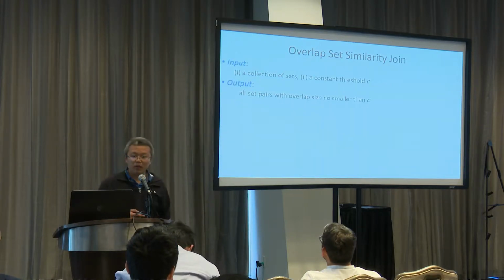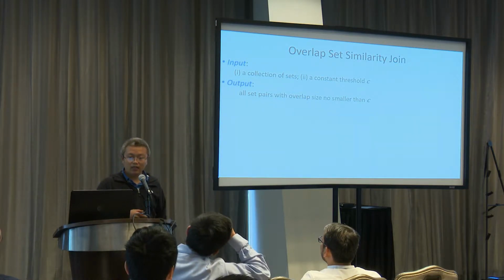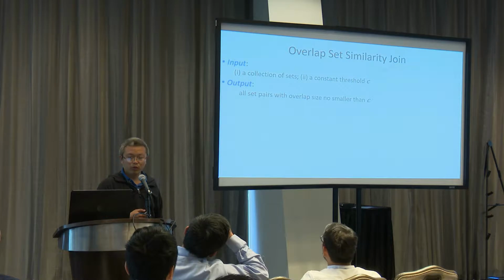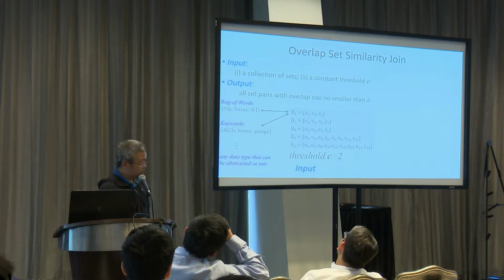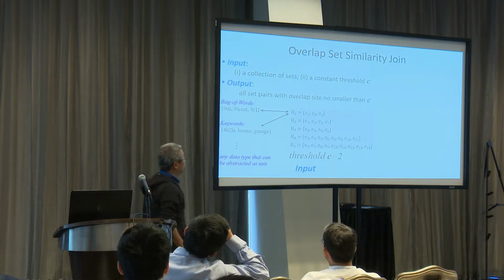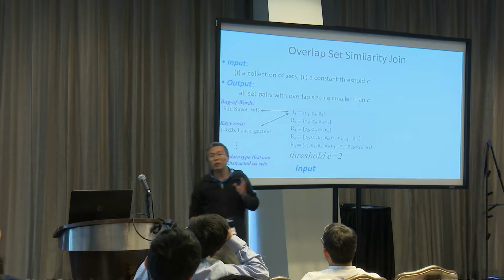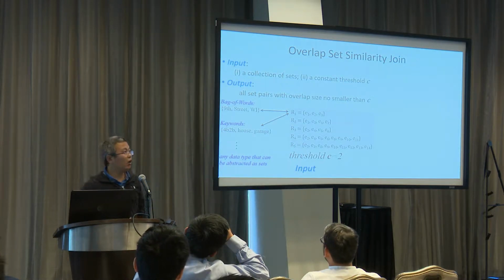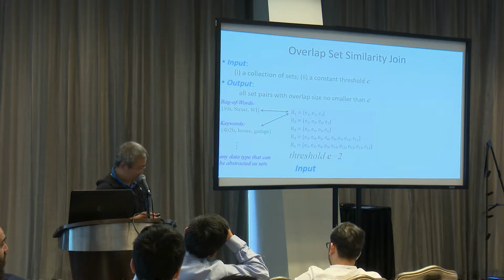Next, I will formalize the problem. Given a collection of sets and a constant threshold c, we want to find all the pairs of sets that share at least c common items. Here is an example. Suppose we have 5 sets, and each set could be a bag of words or a set of users or other data.